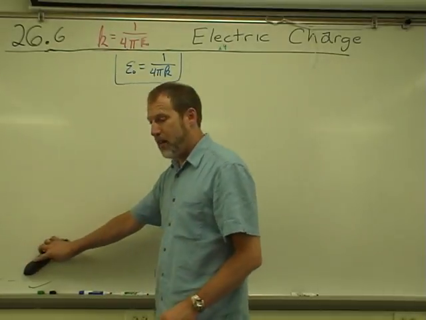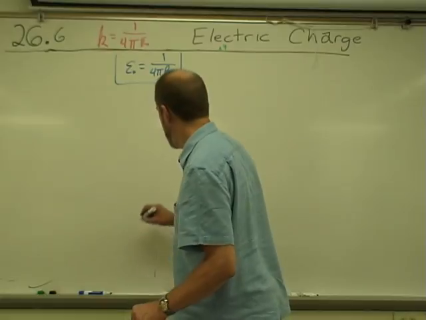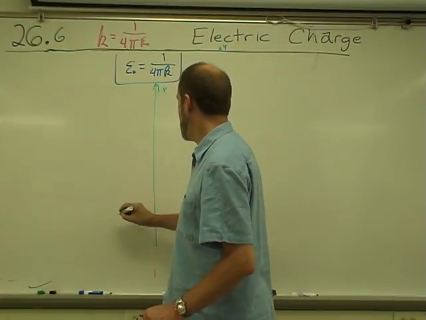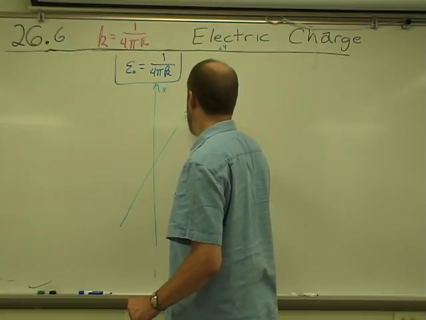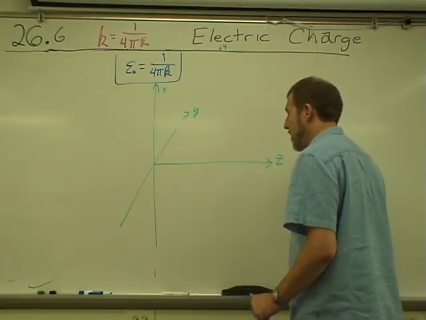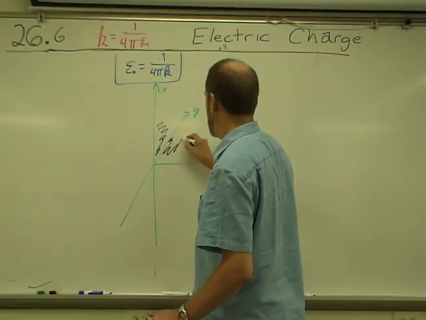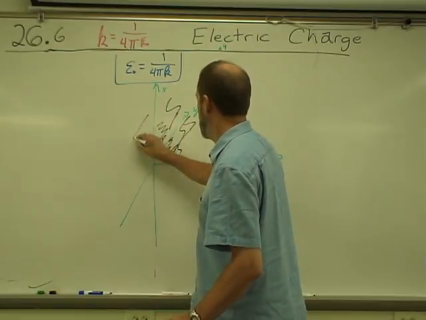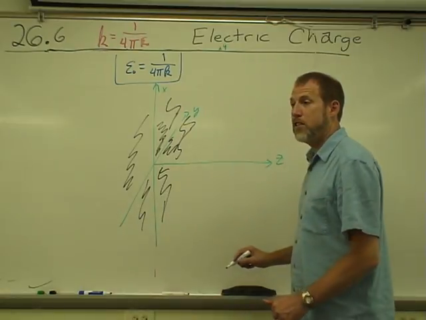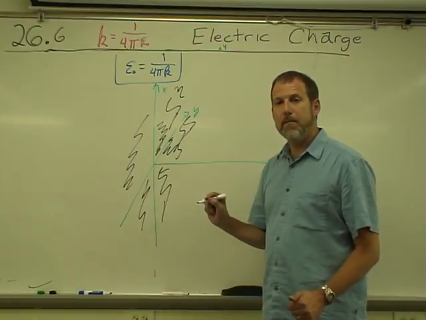When we were looking at those simplifications that can be done, one of those simplifications involved an infinite plane of charge, with a surface charge density, eta.